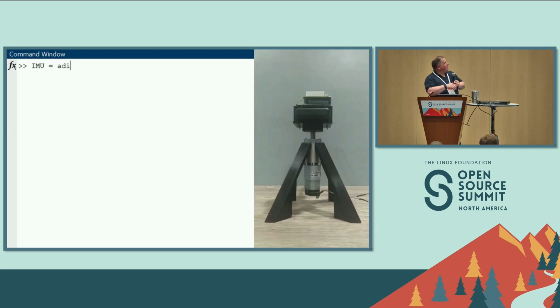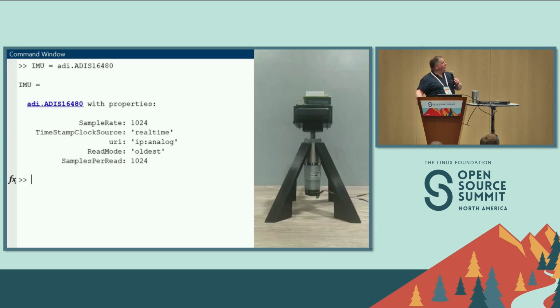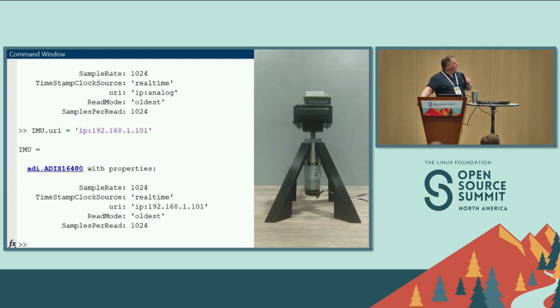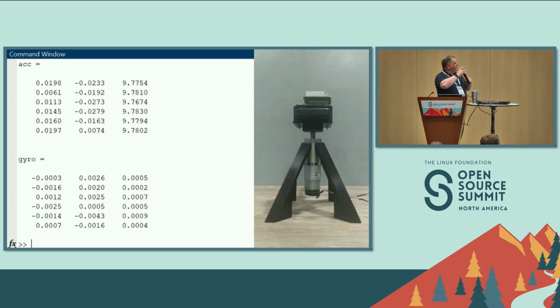And we can see here, we're typing away, getting the property, set the URI to be the IP address. It tells us what the sample rate is, what the read mode is, the samples per read are. We only capture the first 6 channels, which are the accelerometer and gyros. And then we just do a read and we get all the accelerometer and gyro channels.